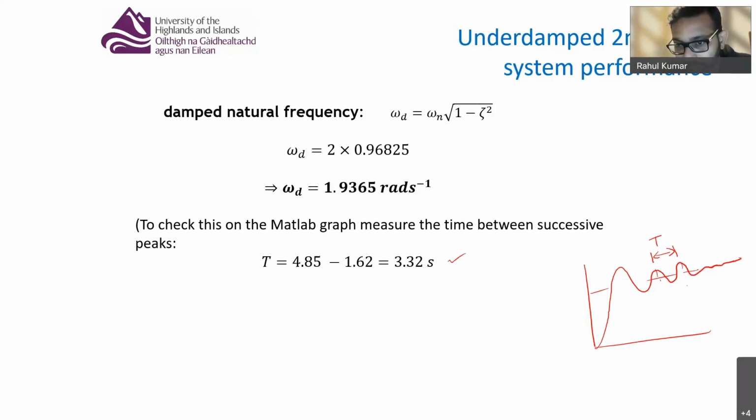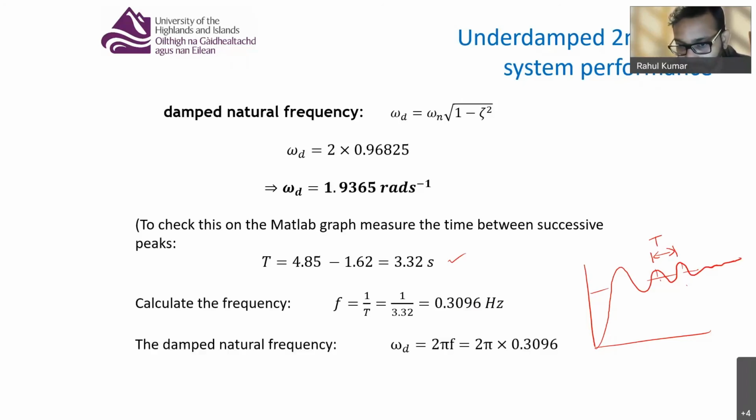And from that, I have calculated the frequency. So frequency is 1 over time. So I got 0.3096 Hertz. And then you can use omega is 2 pi f, where I have already calculated the frequency.